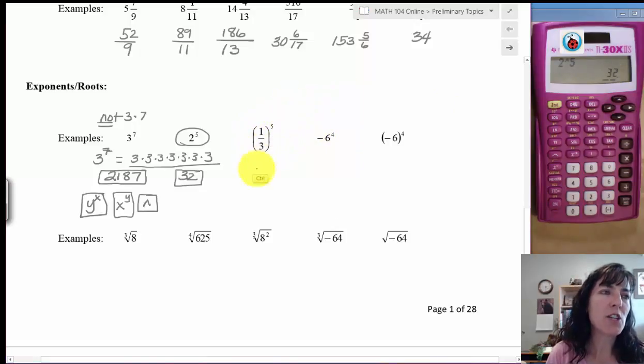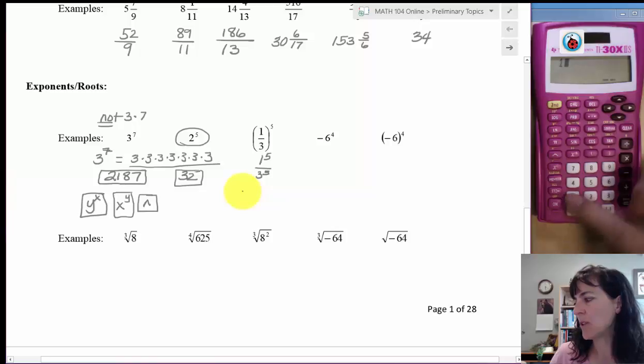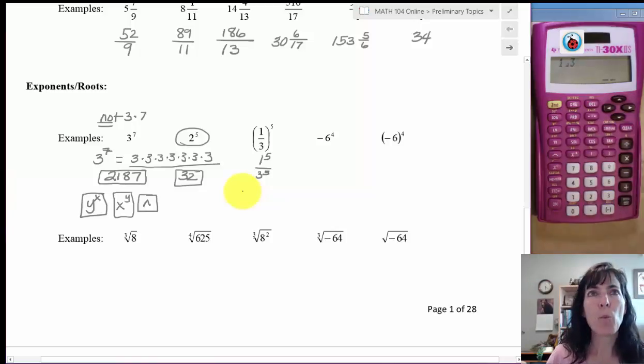Here we have a fraction raised to a power. That is equivalent to 1 to the 5th over 3 to the 5th, just in case you were wondering. But I can do the whole thing on my calculator using my fractions, 1/3. I pushed enter.